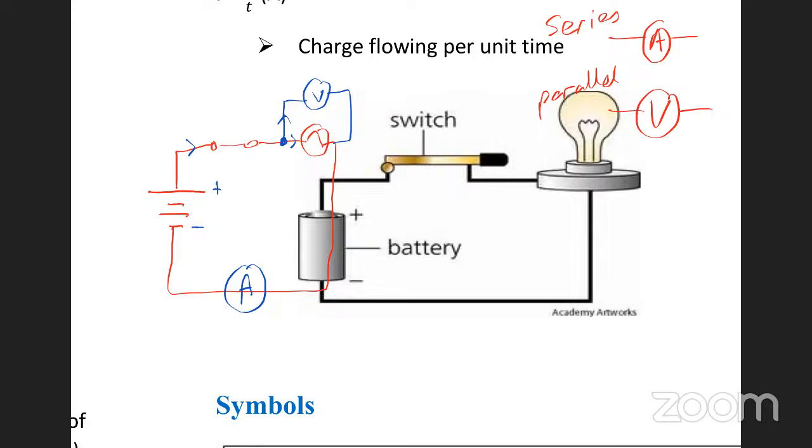Anybody remember why current does not flow in a voltmeter? There's a reason why. Current does not flow through a voltmeter because of a special feature of the voltmeter. High, yeah. The voltmeter has high internal resistance.